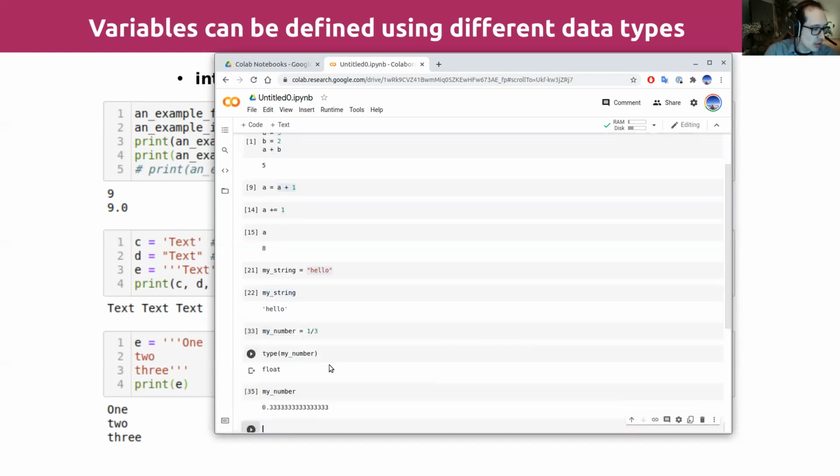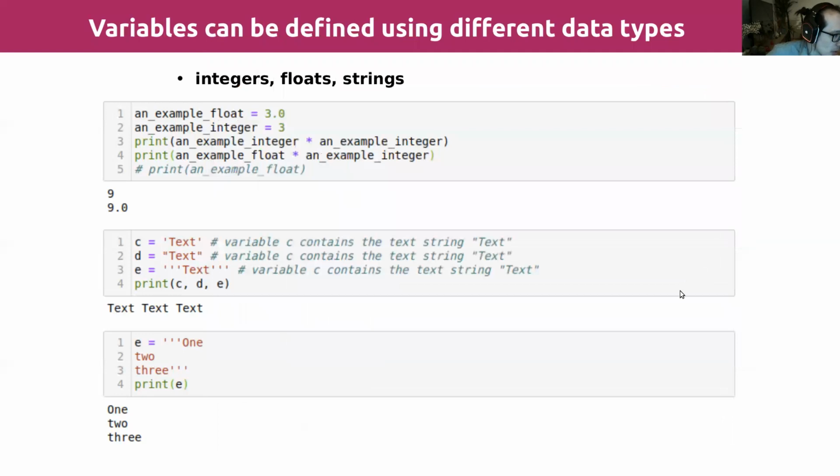Old versions of Python used to have problems with this. If you tried to divide 1 divided by 3, I believe the answer you would get was 1 or 0. You would get an integer. So this could be very confusing. And I think changes have been made to make that easier. So that's data types. These are the main ones, but there are other data types, and it's possible to make your own as well.